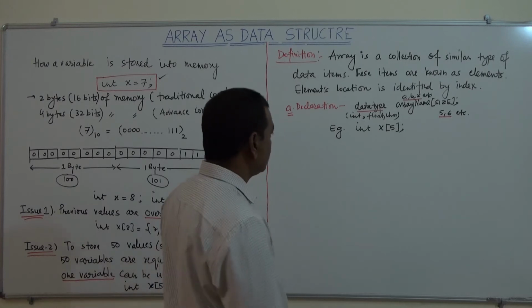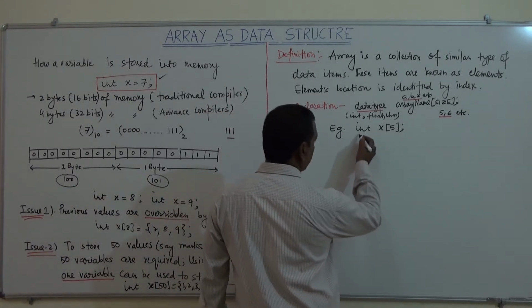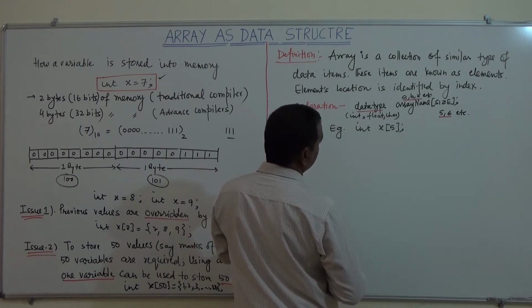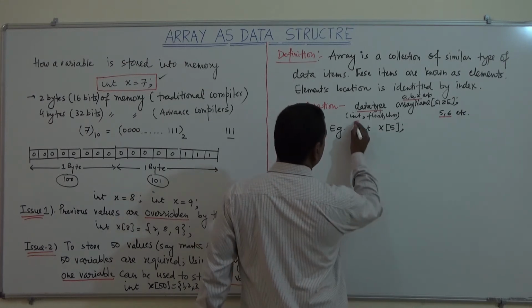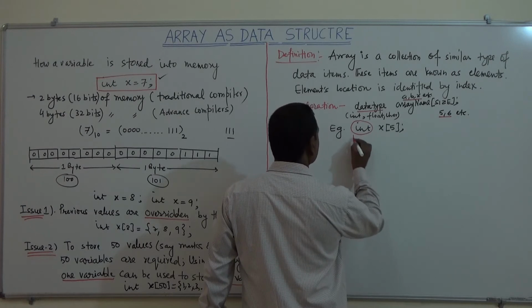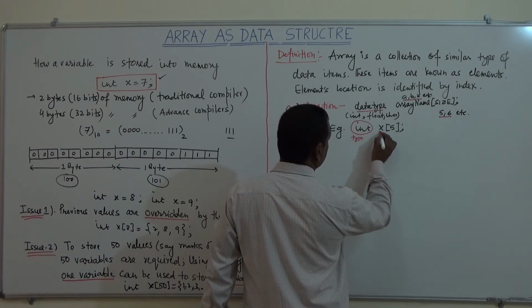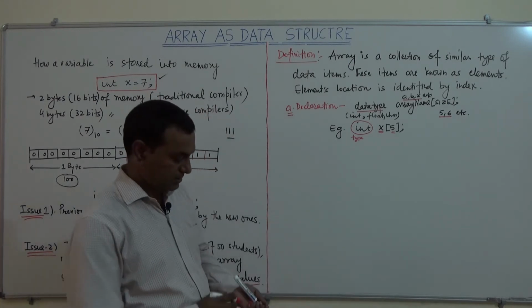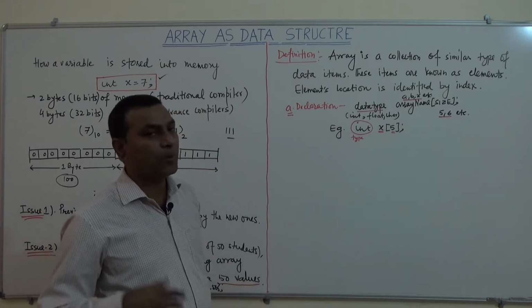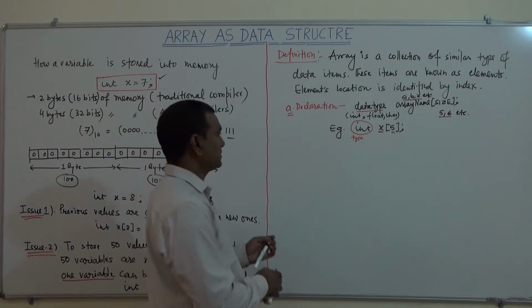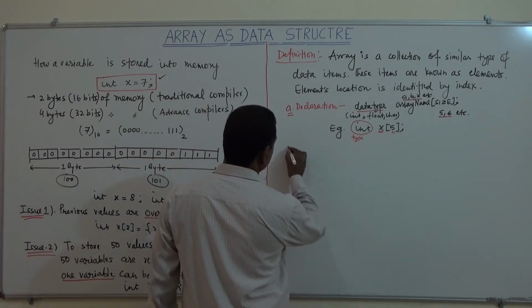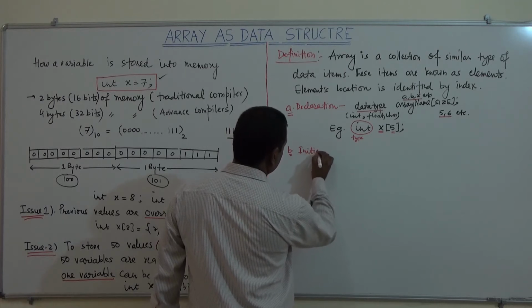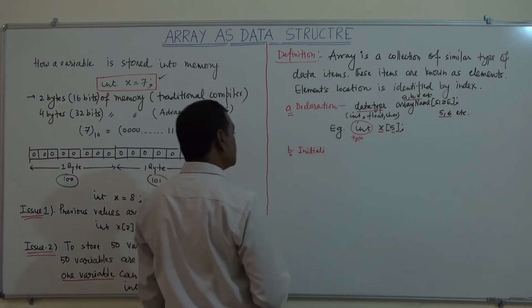So this is the type, this is the name, and this is the size. Now how we can initialize? So this second part is initialization.